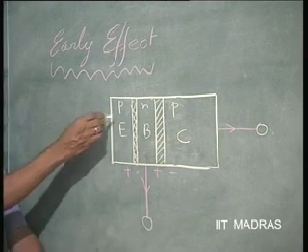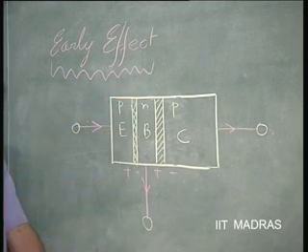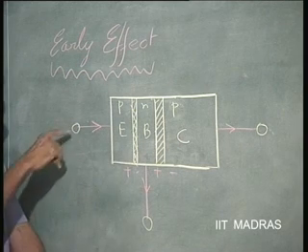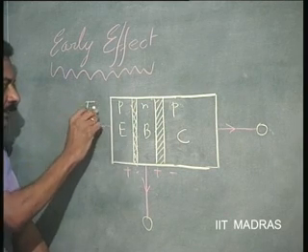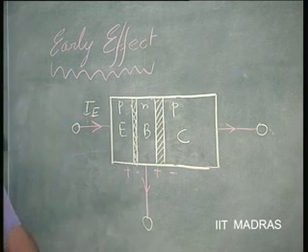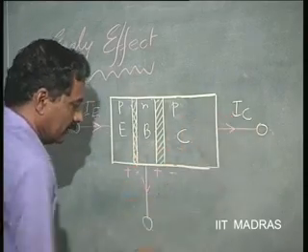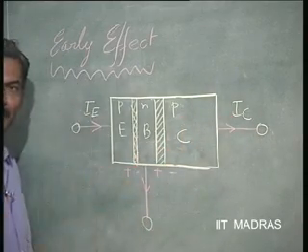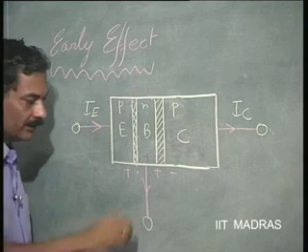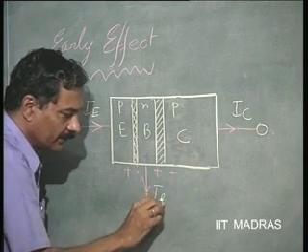We will again take the same PNP transistor that we had used earlier. This is the emitter current. We have the collector receiving most of the emitted carriers, and very little of it is left as the base current.